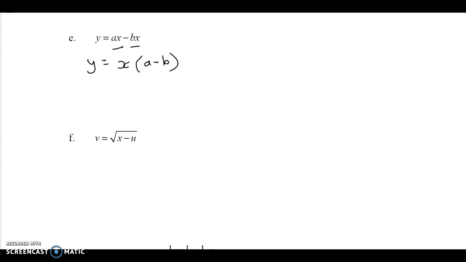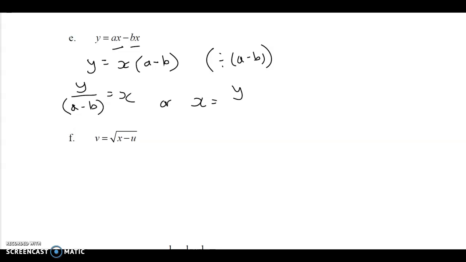And that's clever now because it means I can now divide by the whole thing, a minus b. And so that's going to just give us y over a minus b equals x, or x equals y over a minus b, which is what we required, x the subject.